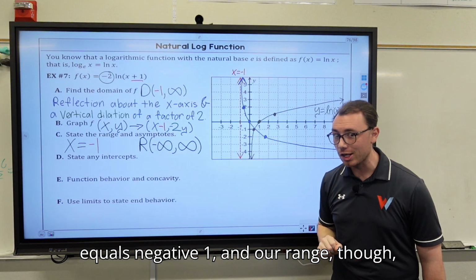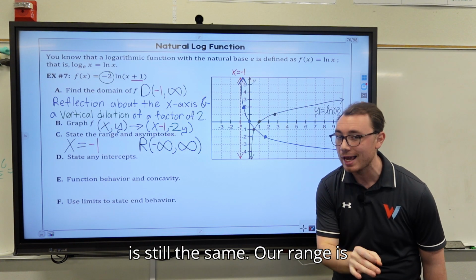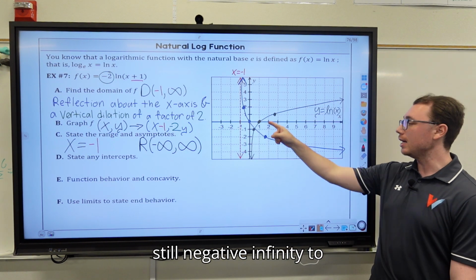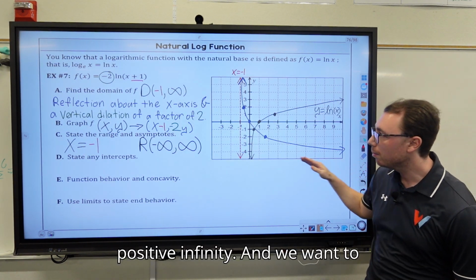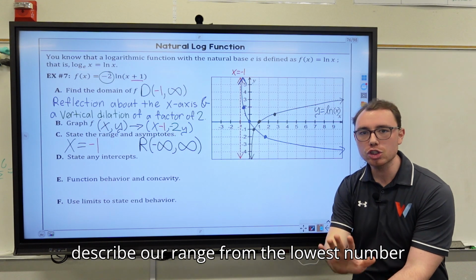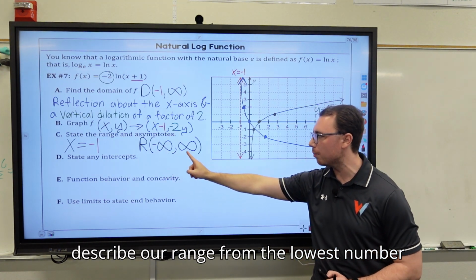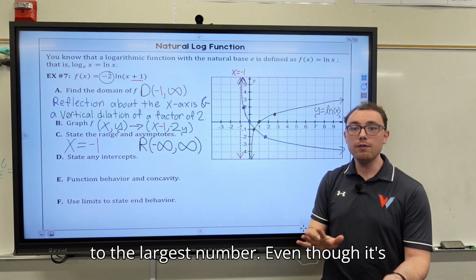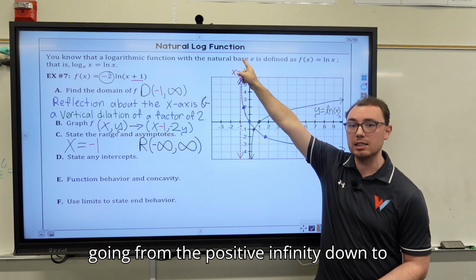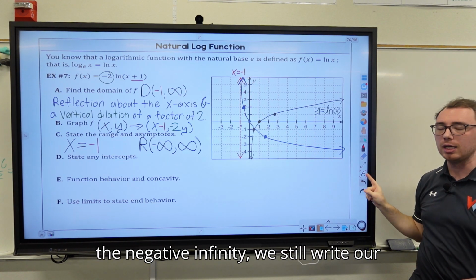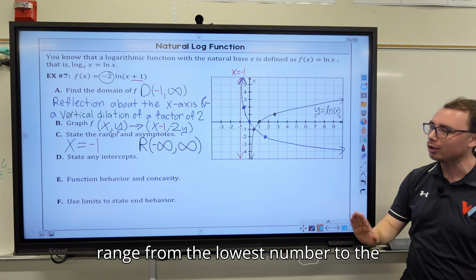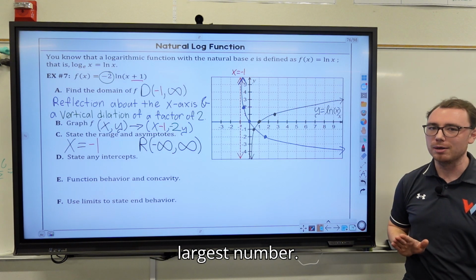And our range is still the same. Our range is still negative infinity to positive infinity. We want to describe our range from the lowest number to the largest number. Even though it's going from positive infinity down to negative infinity, we still write our range from the lowest number to the largest number.